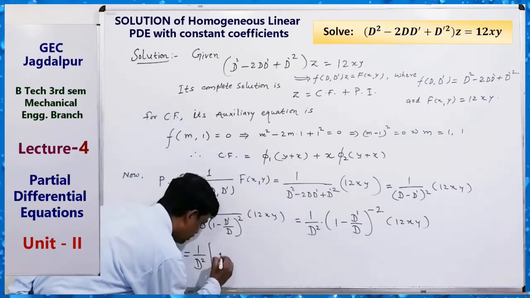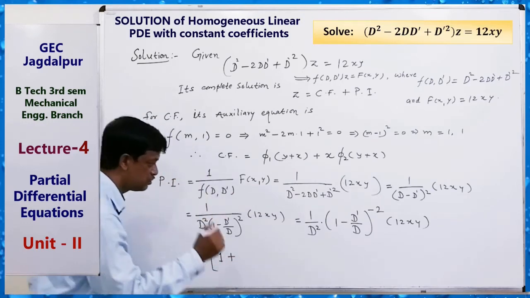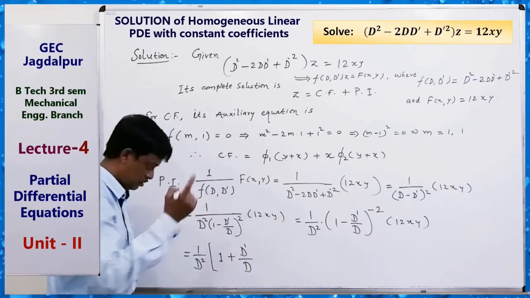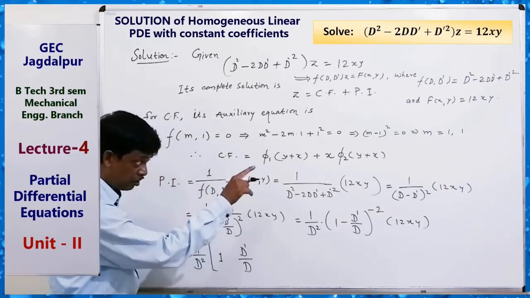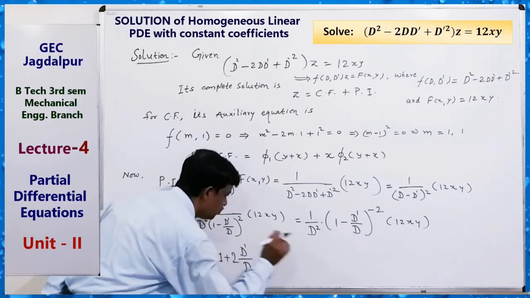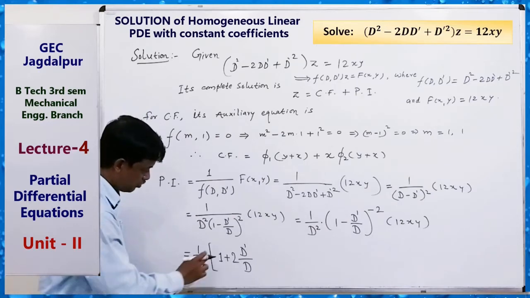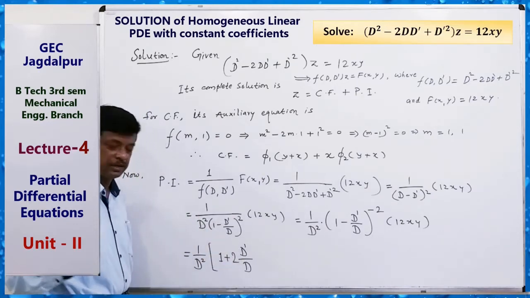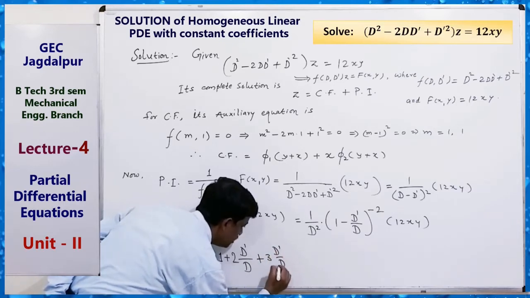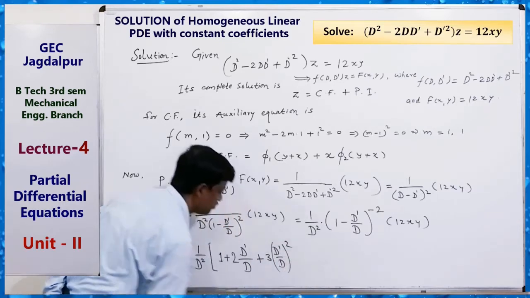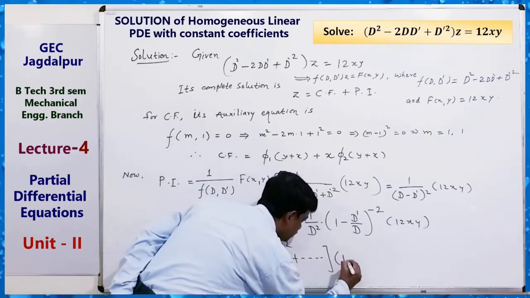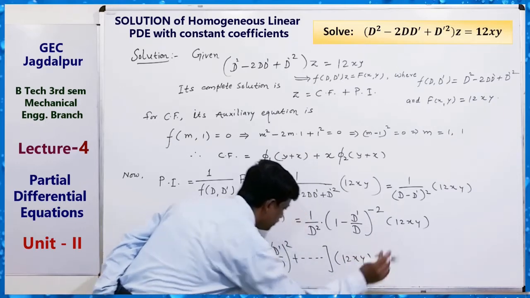So 1 plus 2 D'/D plus 3 (D'/D)² plus and so on, up to here 12xy.